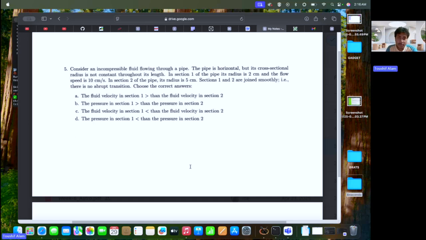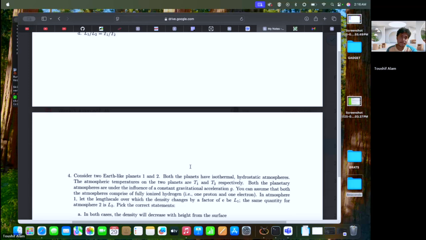In section 2 of the pipe, its radius is 5 cm. Sections 1 and 2 are joined smoothly, so there is no abrupt transition. Choose the correct answer. You can see options A, B, C, and D are given. This is similar to the earlier question, if you remember.